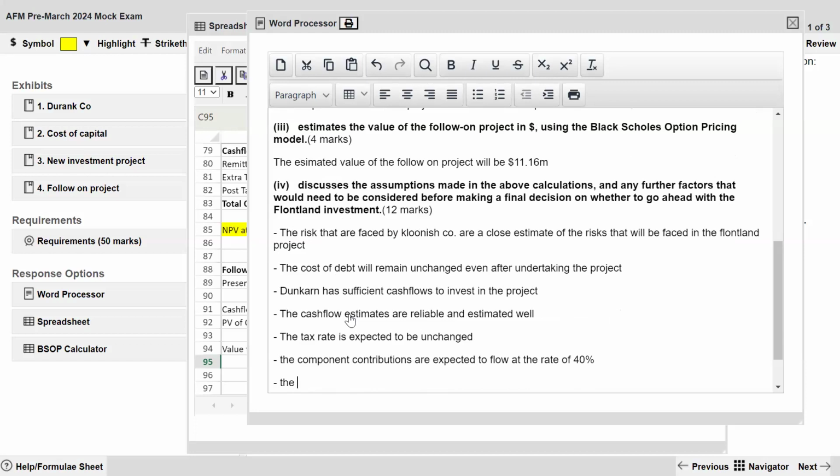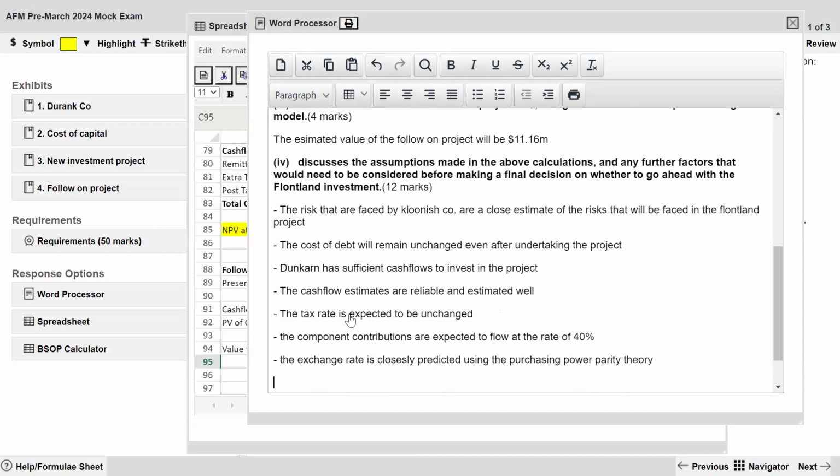The exchange rate is closely predicted using the purchasing power parity theory.